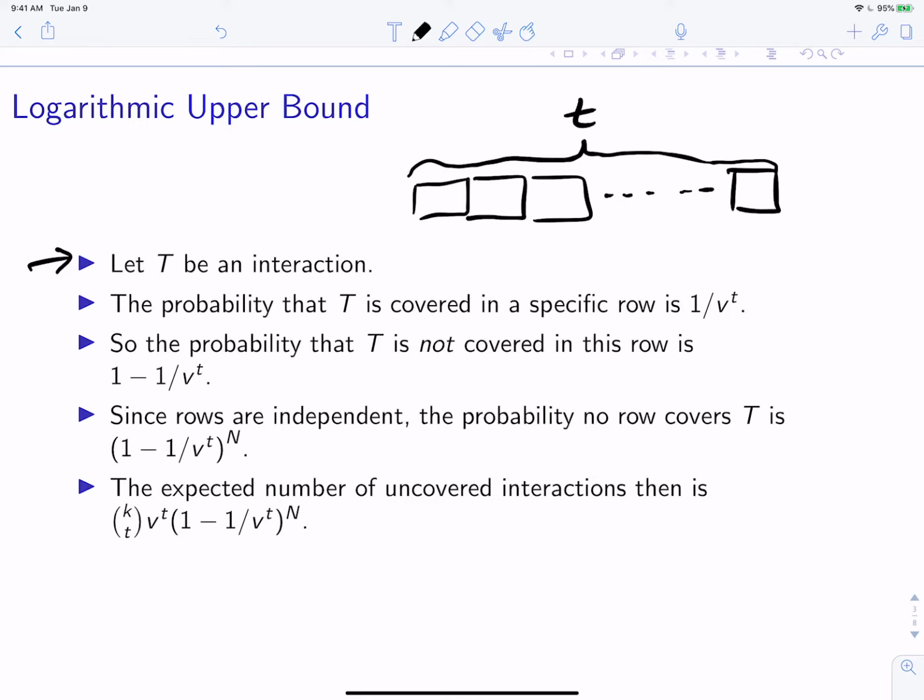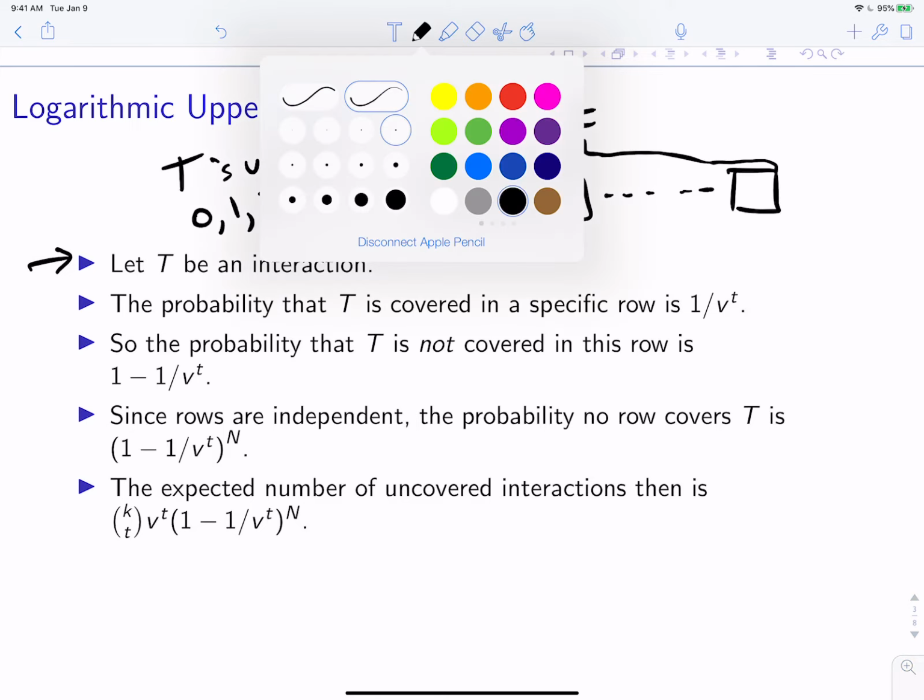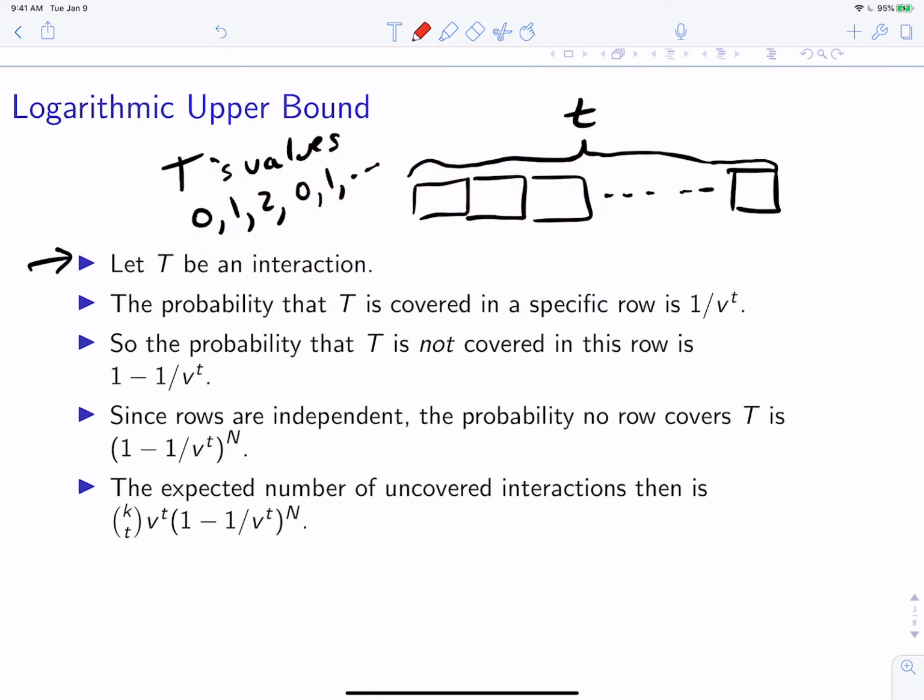For example, if our interaction's t values are 0, 1, 2, 0, 1, etc. We don't know exactly. What is the probability that we get exactly 0 in the first position, 1 in the second position, 2 in the third position, etc., all the way through? Well, if there are v values in each position, what is the probability that I get 0 in the first position?